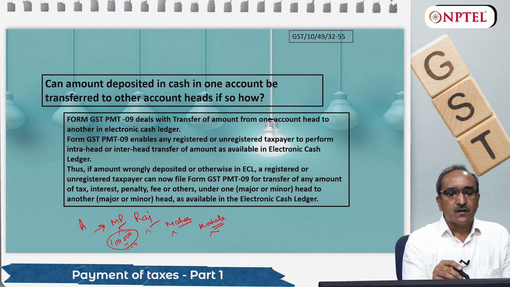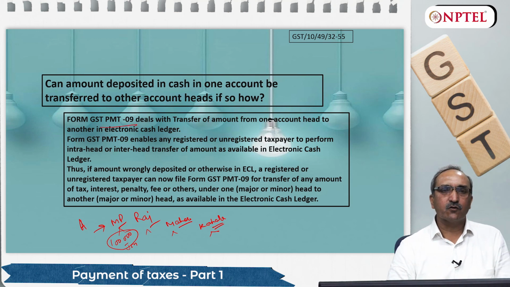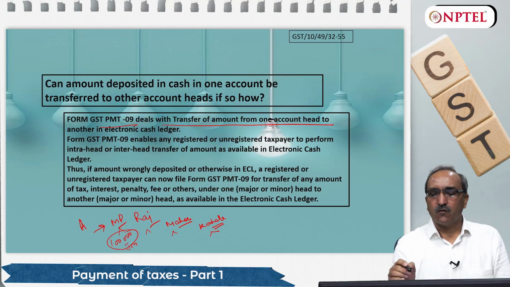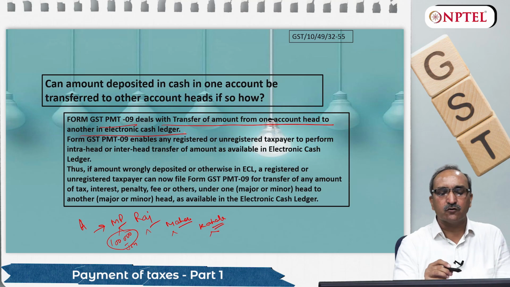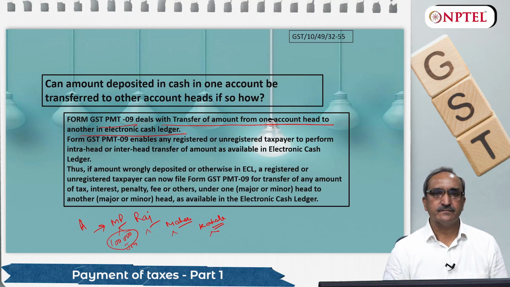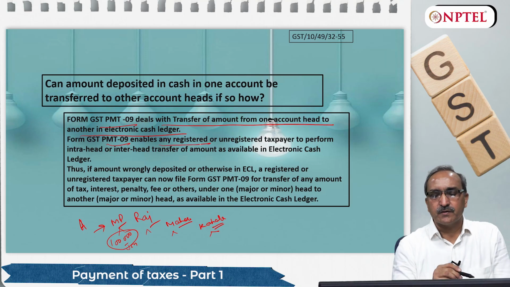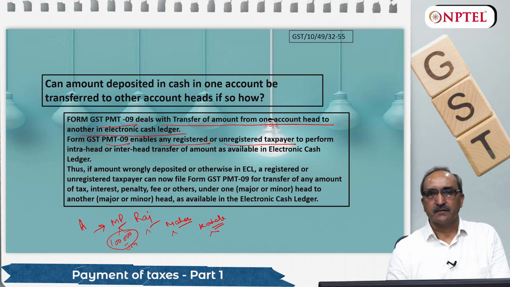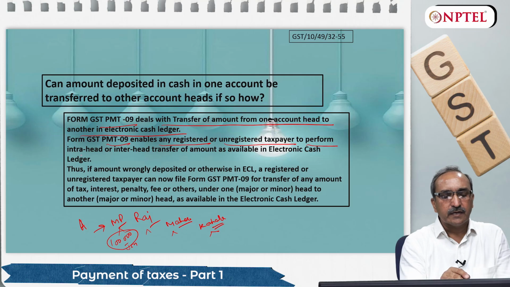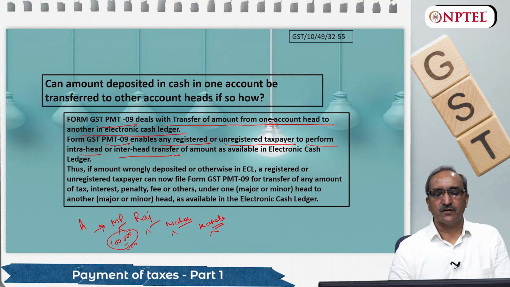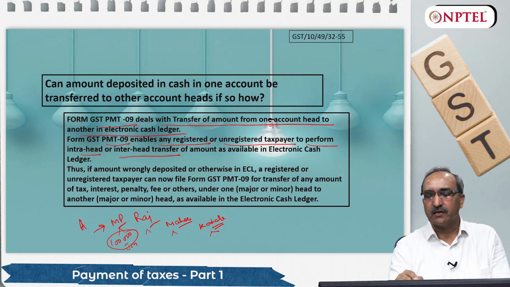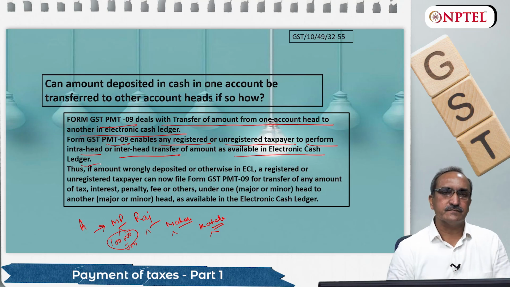So it says Form GST PMT-09 deals with transfer of amount from one account head to another in the electronic cash ledger. Form 9 enables any registered person or unregistered taxpayer to perform intra-head and inter-head transfer of amount as available in the electronic cash ledger.